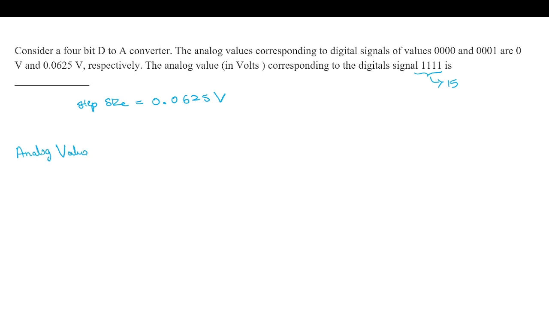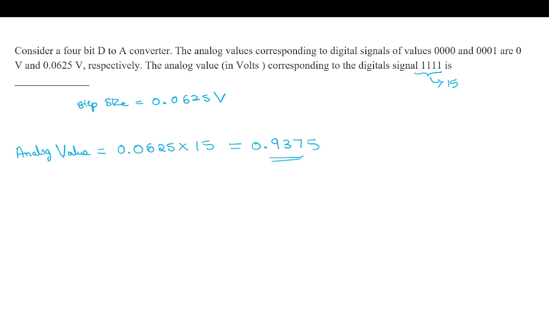Analog value in volts is 0.0625 into 15, yeah, we are multiplying the step size. It's 0.9375.